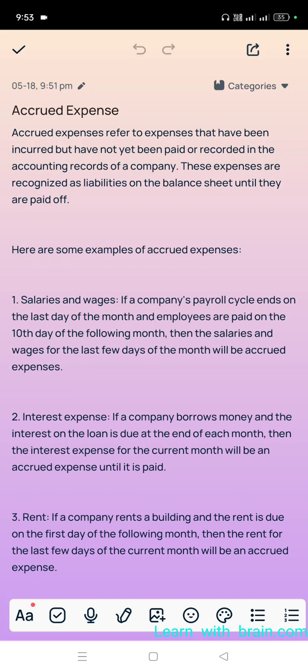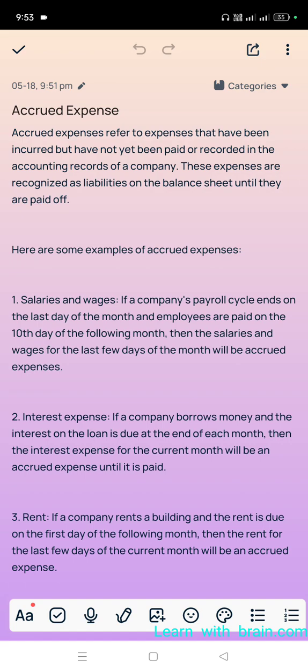When will we pay salaries and wages? Next month at the beginning, or the 10th, or the 5th, or any other fixed date. First of all, we receive services from employees, so the expense accrues day by day until the end of the month. Okay, I hope you understand.